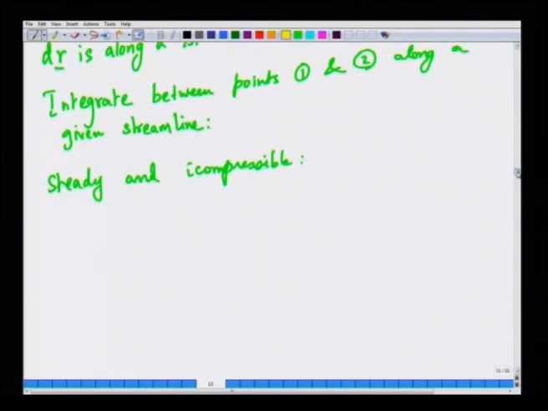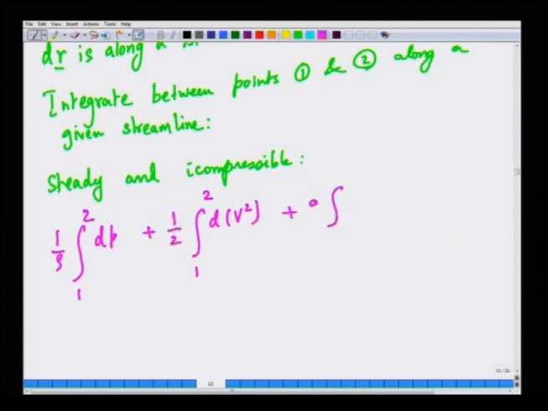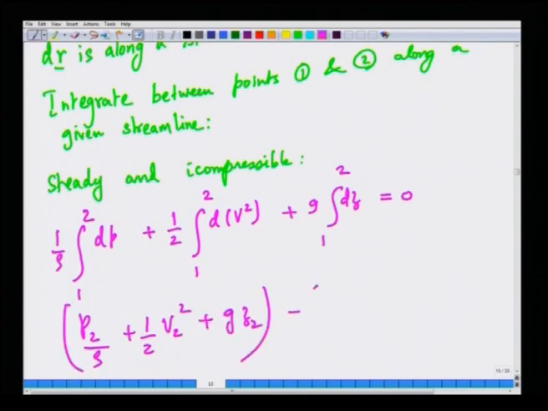Then if I integrate along any 2 points, I will get the integral from point 1 to point 2 of dp by rho, plus the integral from point 1 to point 2 of d of half v dot v, where v dot v is v squared, plus g dz, is 0. This implies that P2 by rho plus half V2 squared plus g Z2, minus P1 by rho plus half V1 squared plus g Z1, is 0.